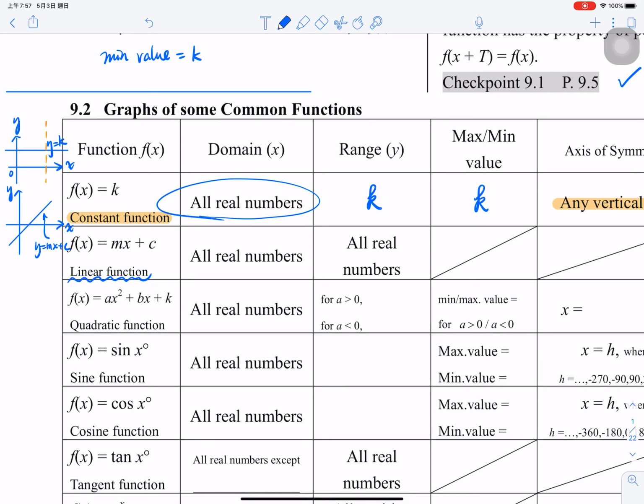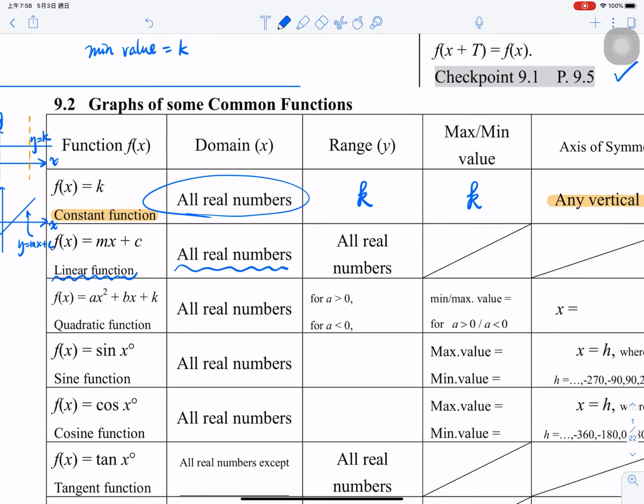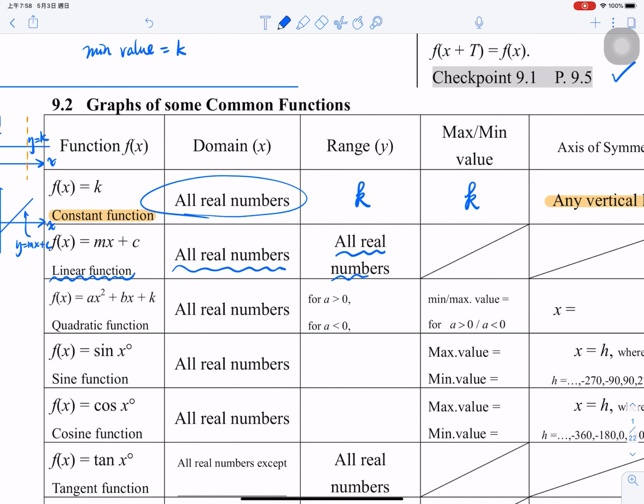What is the domain? Any value of x can be in the domain, so all real numbers again. How about the range? That means y. Again, it's a straight line, so all real numbers, except when the slope m equals 0.